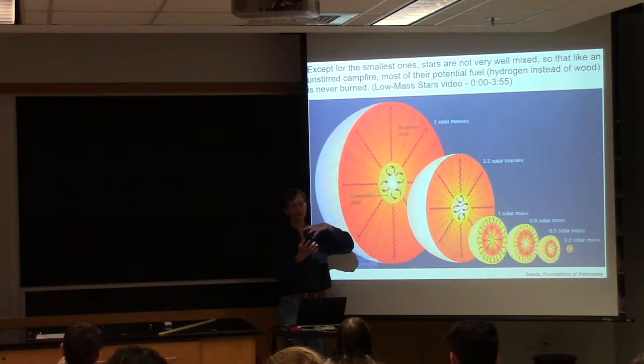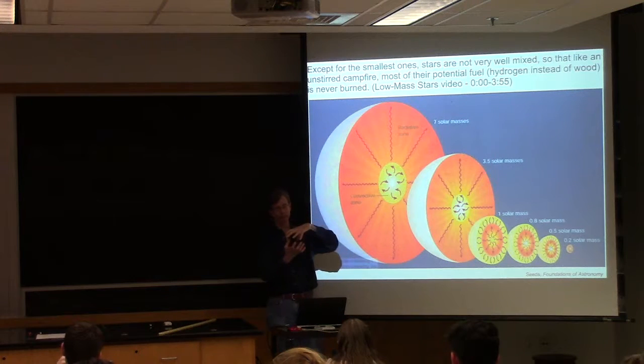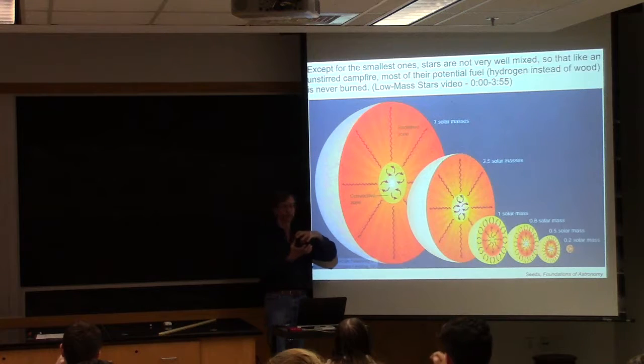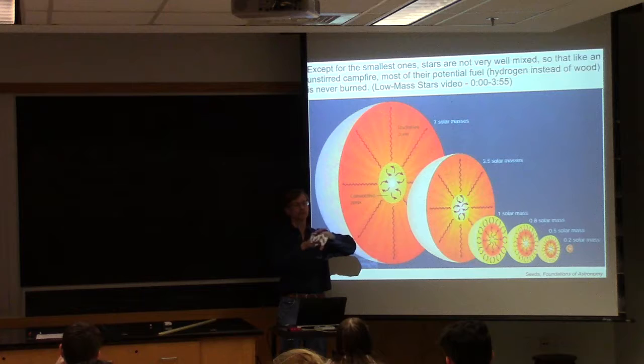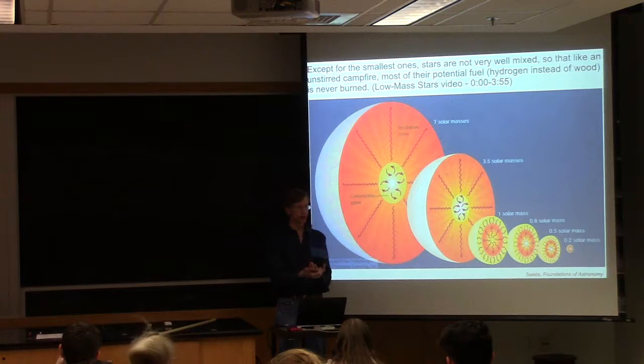And so you're back into this situation like when it was a protostar, where gravity is stronger than pressure. As the core shrinks, it's going to convert gravitational energy into thermal energy and heat up. And that ignites fresh fusion around the core in a shell of hydrogen surrounding the core.